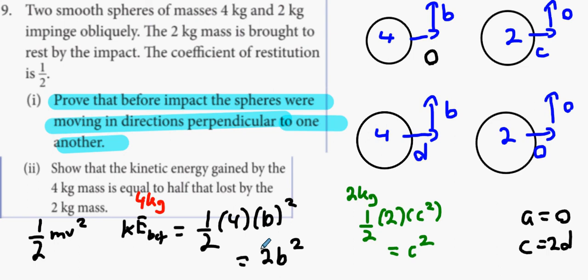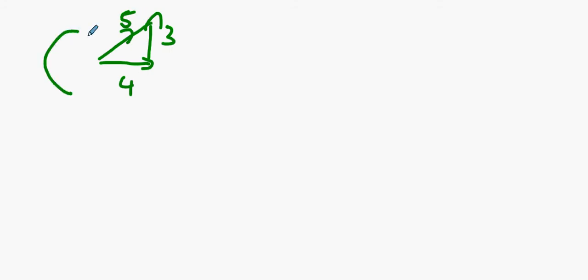Why didn't I use the i component? Why did I only use the j component? So kinetic energy is, for example, this. Imagine you're moving across and up and you have a hypotenuse of 5, and your particle is of mass 2 kilograms.